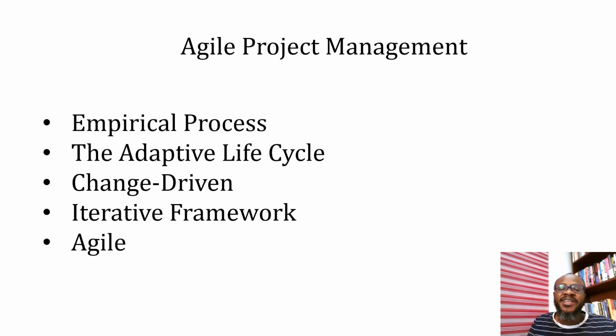It utilizes several iterations. It goes through the cycle several times in order to improve on the solution and make it fit for purpose or fit for use. And then, of course, it is called Agile. Anything that is Agile is something that is fluid, that is responsive, that accommodates change.